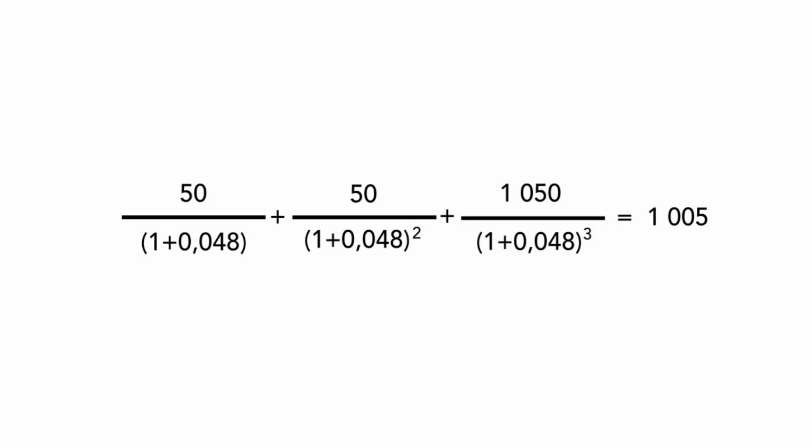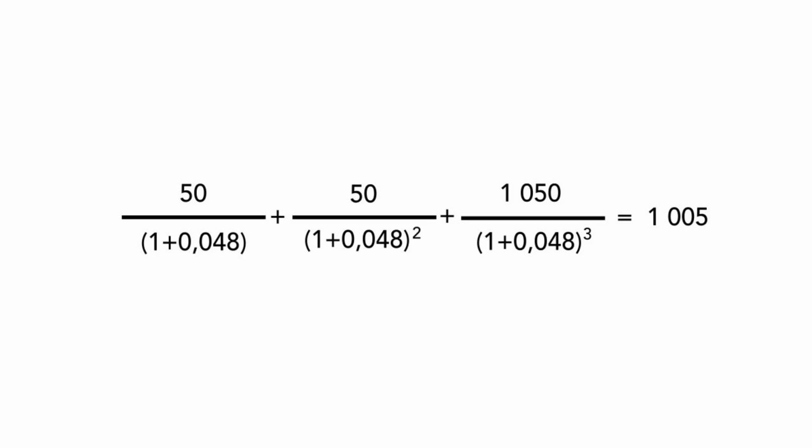So if the market's interest rate, expected or required return for this type of bond is 4.8%, then the value of this bond is calculated like this. What the market does is simply pick the payments the bond has to make, 50, 50, and 1,050. Then the capital market, which is the sum of all the participants on that market, discounts it by the market's required rate of 4.8% and comes up with a bond value of $1,005.